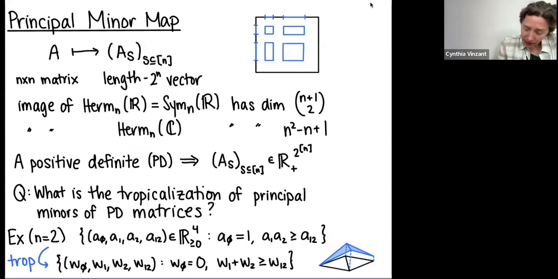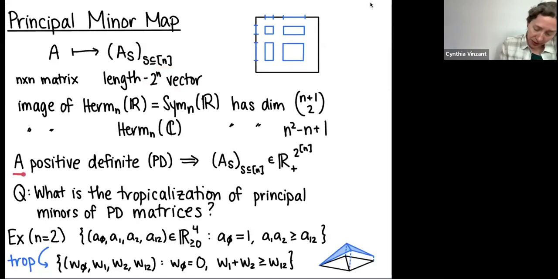If you start with symmetric matrices, the dimension of the image is the same as the dimension of the space of symmetric matrices, which is n plus 1 choose 2. If you start with Hermitian matrices, which as a real vector space has dimension n squared, you lose a little bit of dimension from some diagonal scaling arguments, and the image has dimension n squared minus n plus 1. It's in a 2 to the n dimensional space, so this is pretty high codimension.